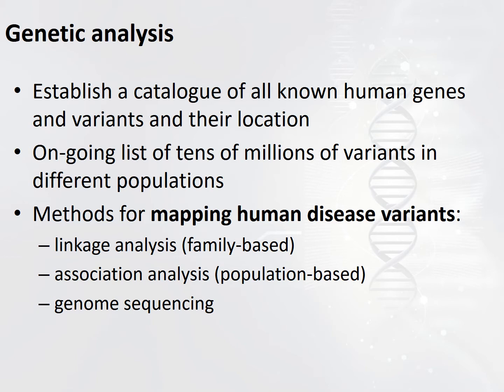The third approach is a little bit more in-depth and more convoluted, and it relies on the data produced by whole genome sequencing or whole exome sequencing. By sequencing the genomes or exomes of affected individuals and their immediate family members, it is extremely important for very, very rare Mendelian disorders where linkage analysis is actually not possible, because not enough family members or not enough individuals in a population display that particular trait or disease.